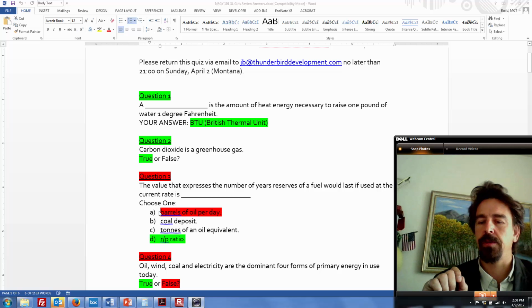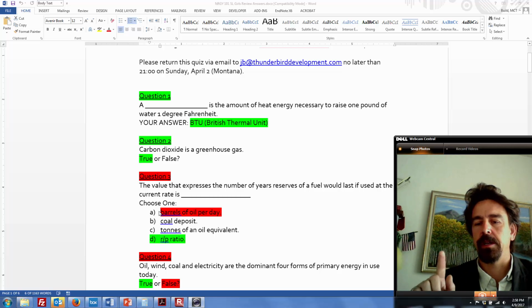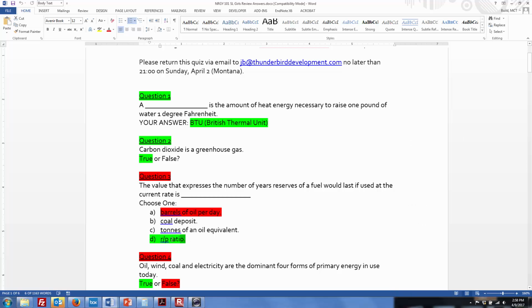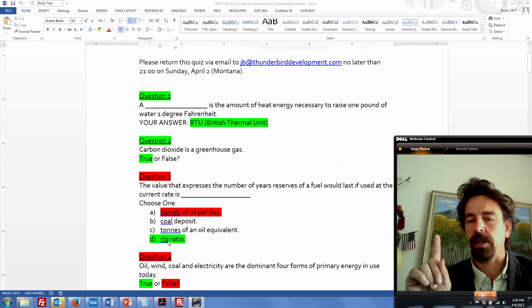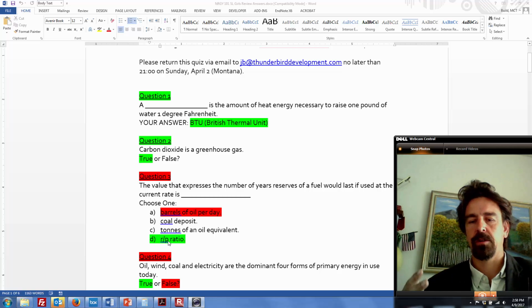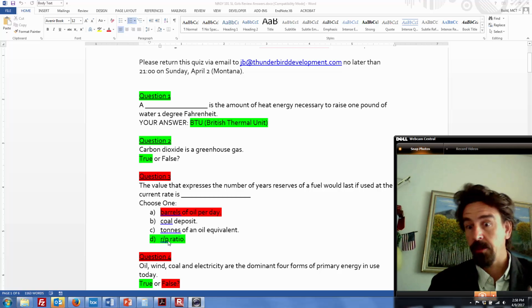It's the same way with coal and oil and natural gas. But in this case, the correct answer is the RP ratio. So R is the reserves and the P is the production. So let me show you how this works. It's very similar to how money works or spending. So I'm going to draw a little figure.